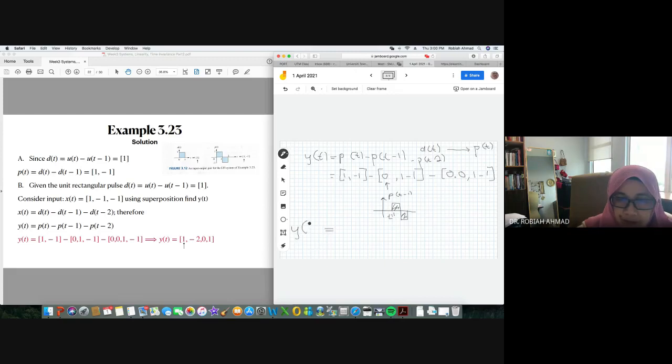Finally, our y(t) will be, when we want to add, it will be 1, minus 1, 0, 1, minus 1, because these all refer to t equal to 0. And then this one, minus this one.